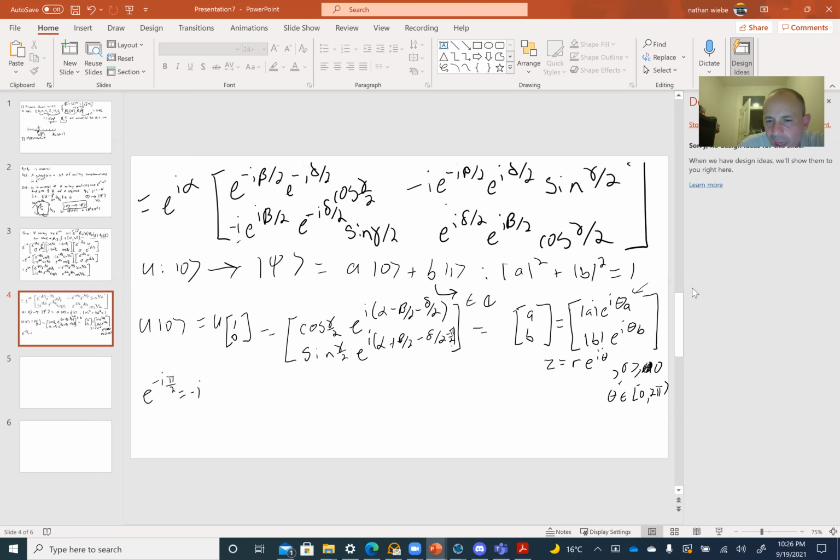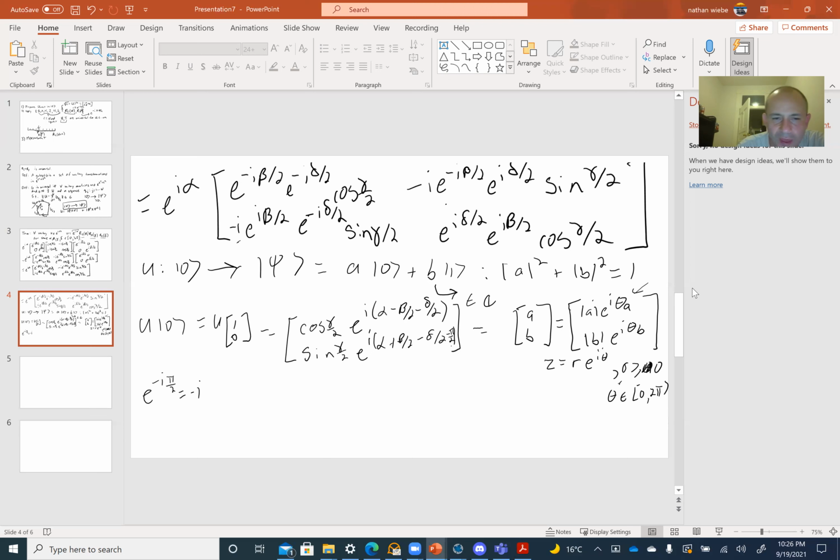So by using this, we can always end up seeing that, without loss of generality, this expression is valid. So we can see right off the bat what the angles are.